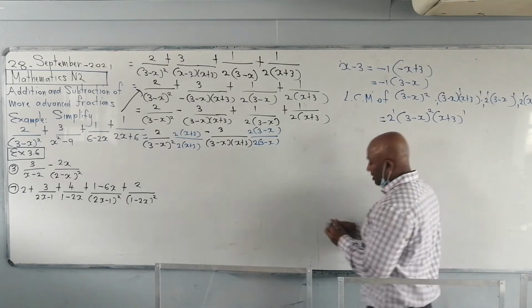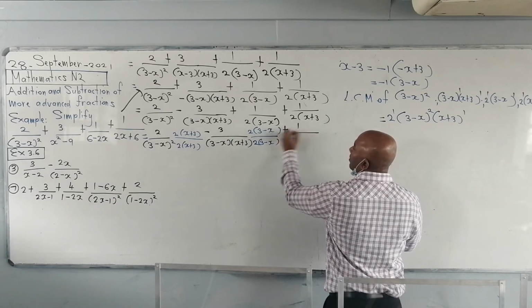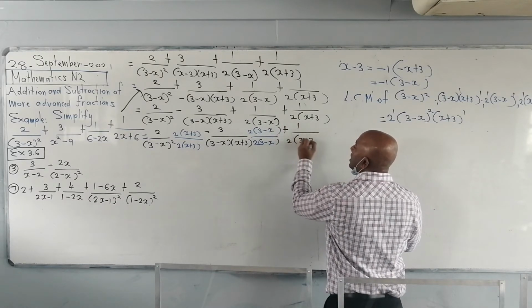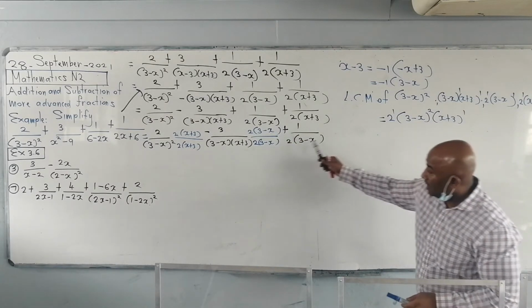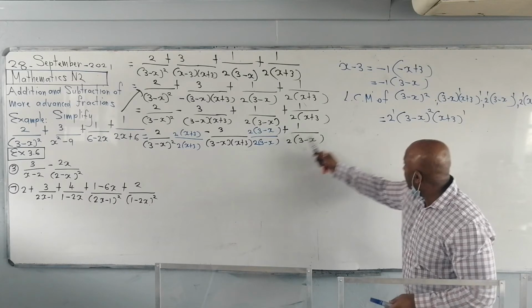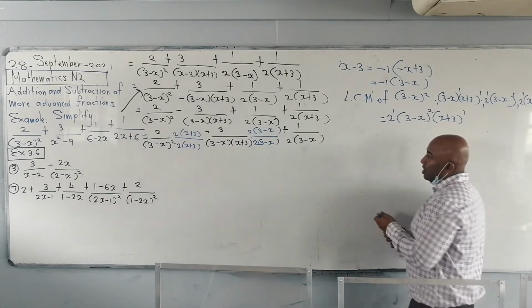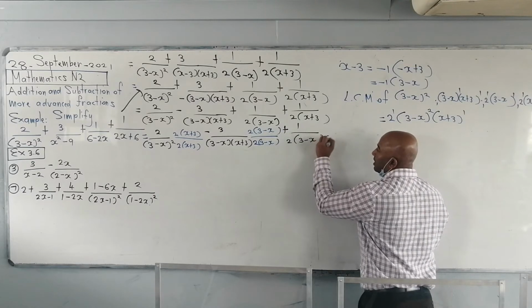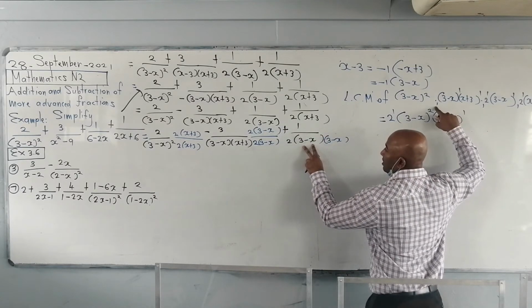Okay, so let's do the third term there. So that's plus 1 all over 2 times 3 minus x. Now let's compare each factor here. We got the 2. 3 minus x, this is squared. So I need to multiply this by 3 minus x; 3 minus x times 3 minus x gives me 3 minus x all squared.